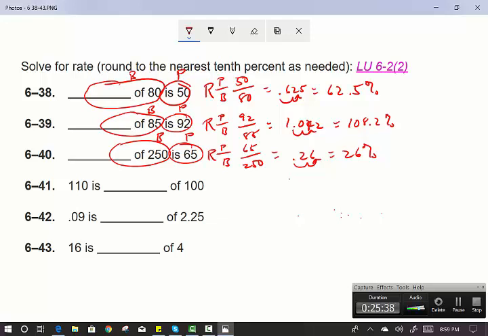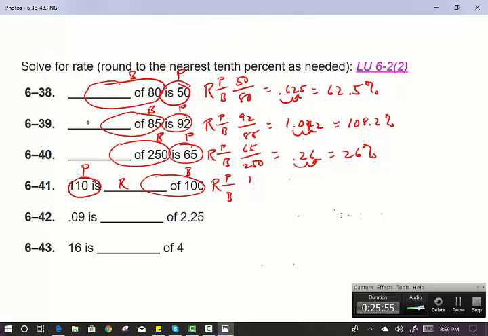Number 41. The number associated with "is" or "equal" is your part. The number that follows "percent of" is your base. Again, we're solving for the rate. The rate is equal to part divided by base.